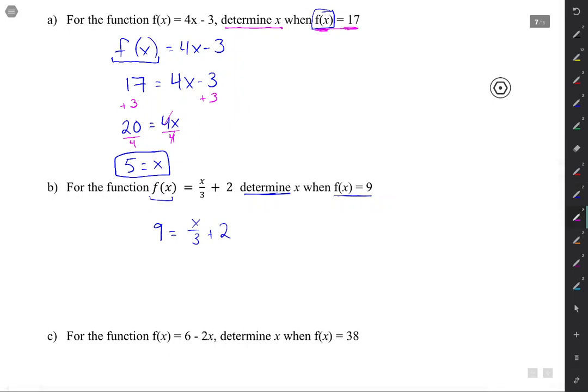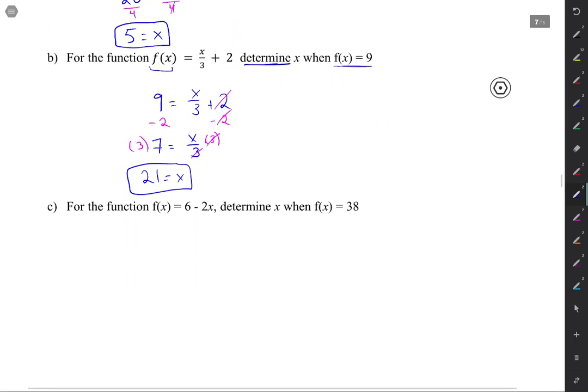So first I'm going to get rid of this plus 2 by subtracting 2 on both sides of the equation. So 9 minus 2 is 7. So we have 7 is equal to x over 3. And now we have divided by 3 on this side, so I'm going to times by 3 on both sides of the equation because that'll cancel that out. So our final answer is going to be 21 is equal to x.